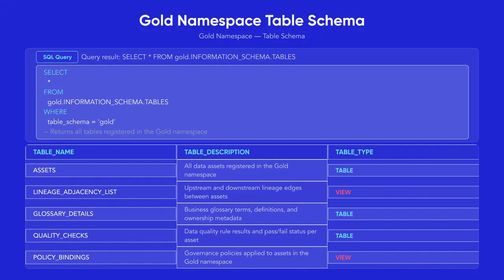The lineage adjacency list supports multi-hop traversal upstream and downstream. Glossary details maps business terms to technical assets. Data quality details surfaces check results from Anomalo, Soda, Monte Carlo, and Atlan's native rules from Data Quality Studio. This layer is built for AI consumption alongside human reporting, not as an afterthought, but as a design constraint.